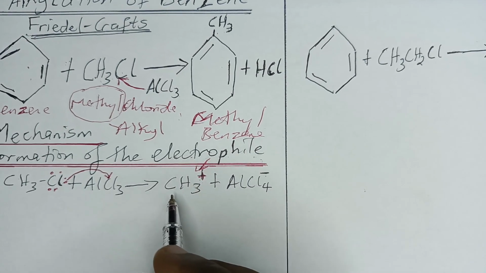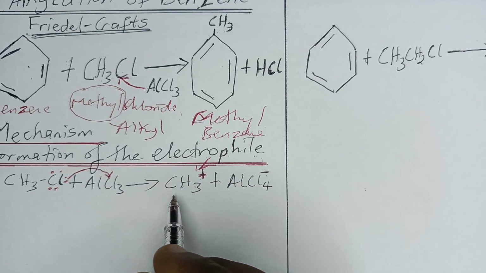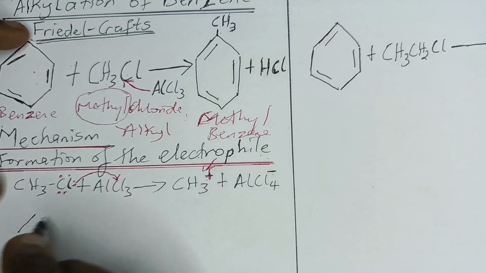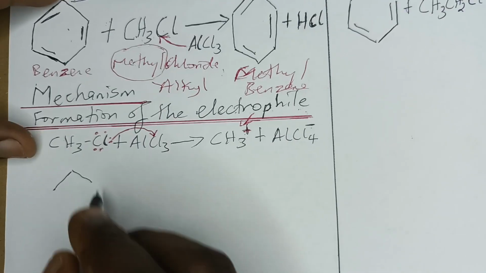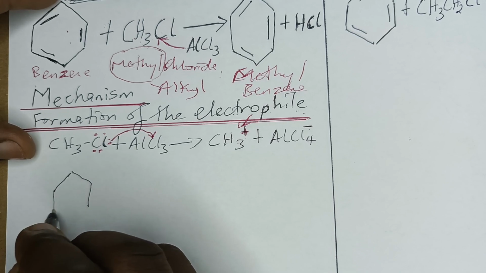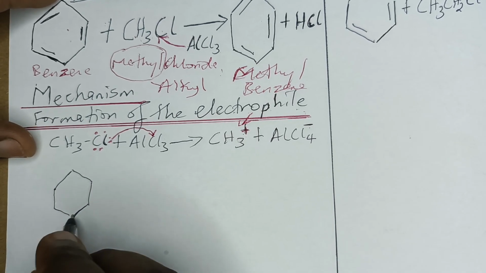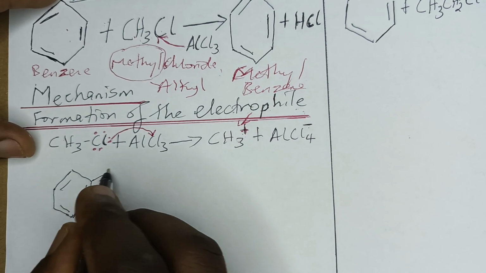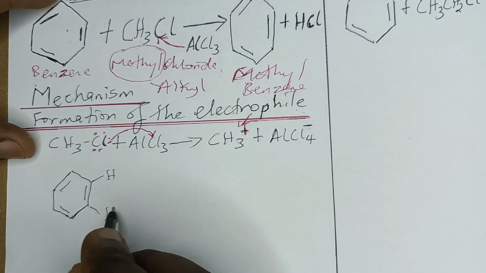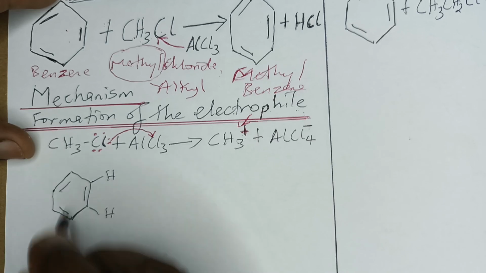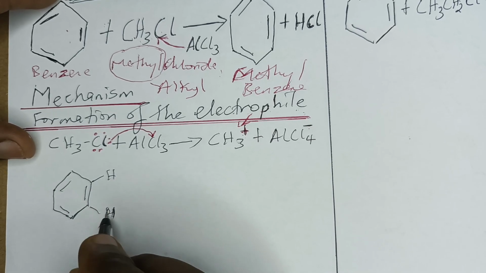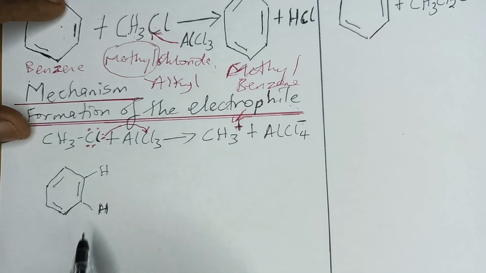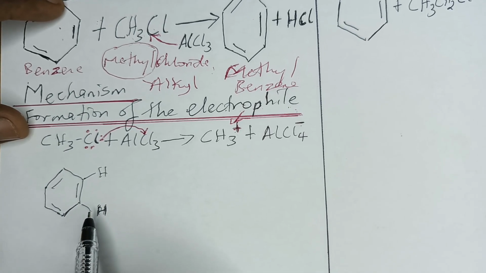So what's the next thing? The next thing is for us to have our benzene ring again. Now, our benzene ring has hydrogen all over naturally, but we are bringing this out for you to see how the electrophilic substitution reaction occurs.